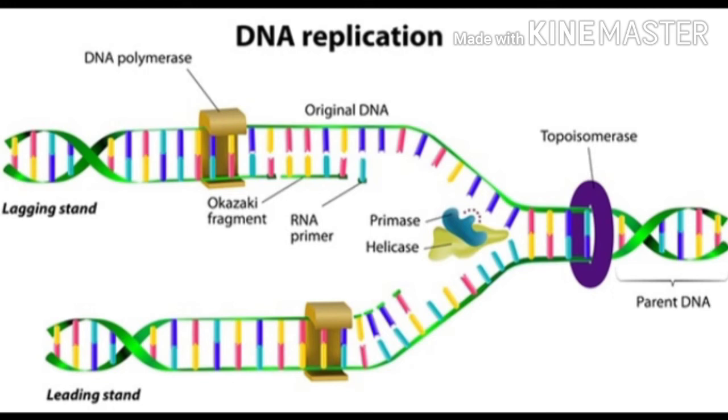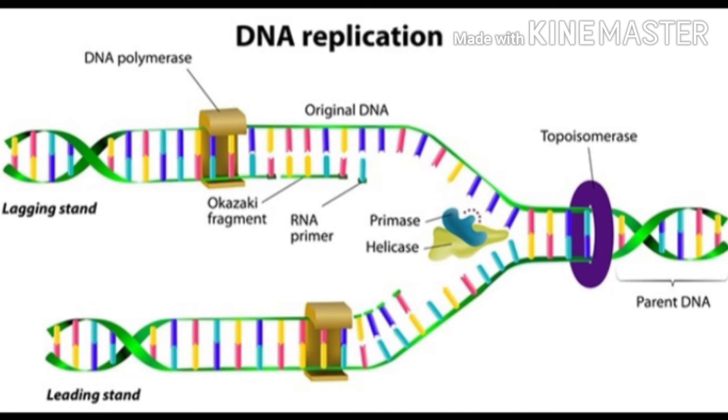The ends of the linear DNA represent a problem as DNA polymerase can only add nucleotides in the 5' to 3' direction. The end of the parent strand consists of a repeated DNA sequence called telomeres. Telomeres act as protective caps at the end of chromosomes to prevent nearby chromosomes from fusing.